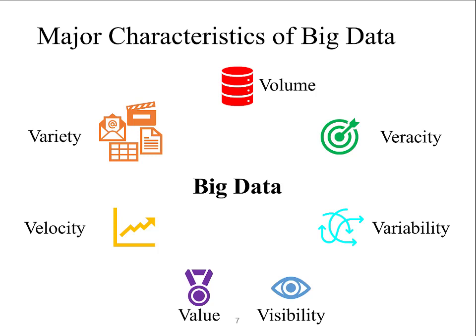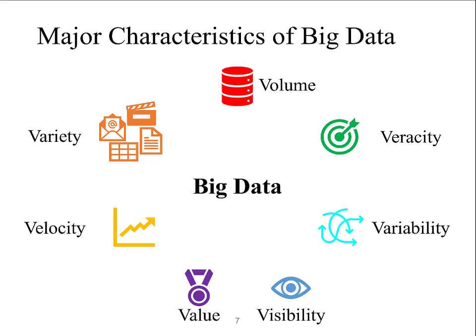Here are the most common Vs from different resources I've seen. In this course, we will introduce what these Vs are, what challenges they have brought, and what the methods or frameworks are to overcome these challenges.